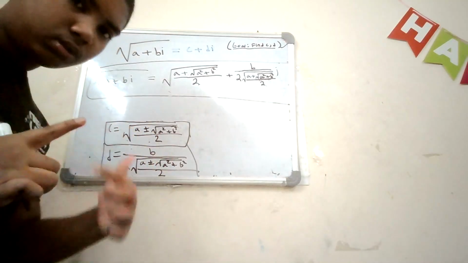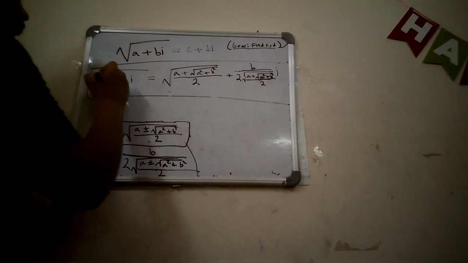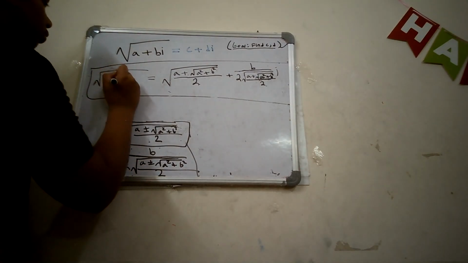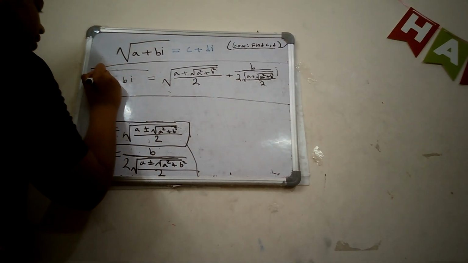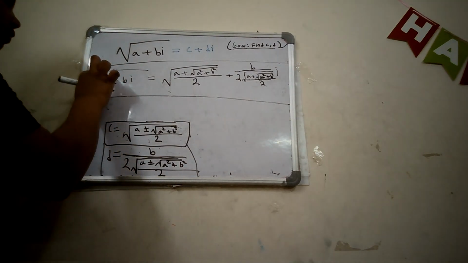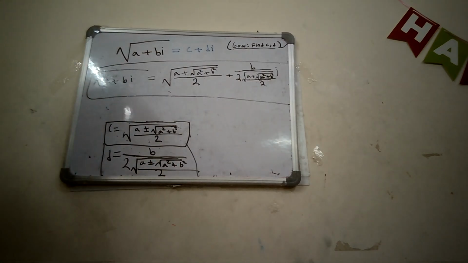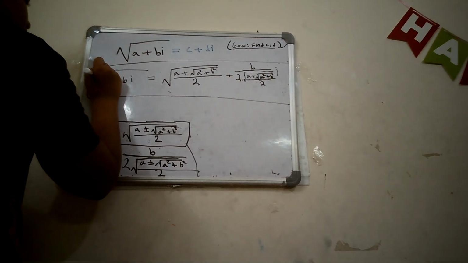Okay, so that's why. Suppose if you have to, so look, I'll also put the formula. If you want to find the positive or negative version, only in blue pen, okay? So plus or minus.